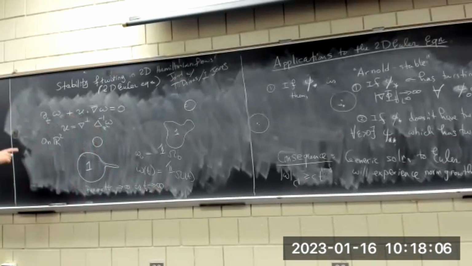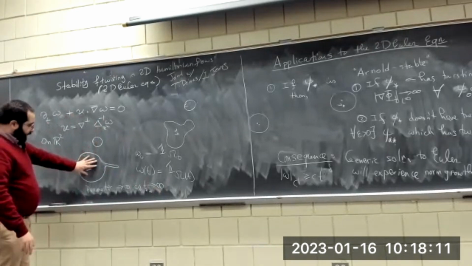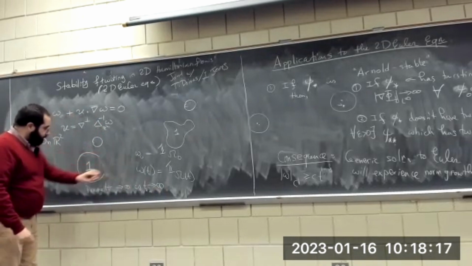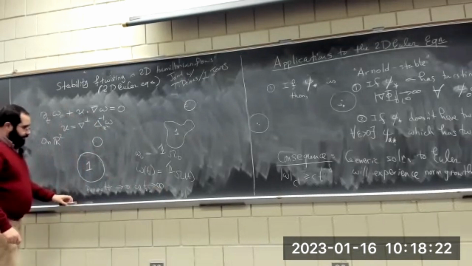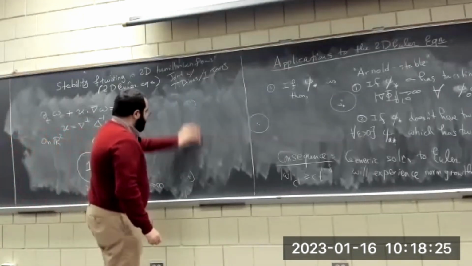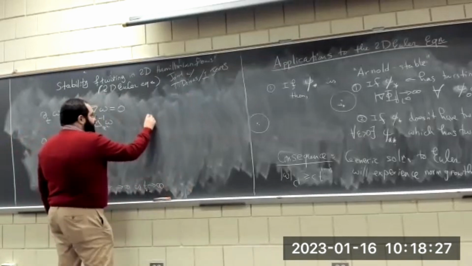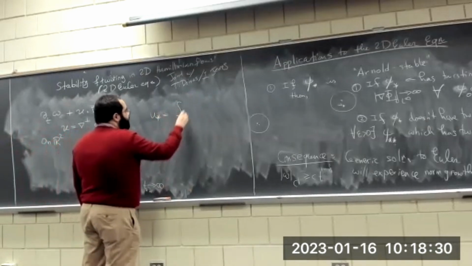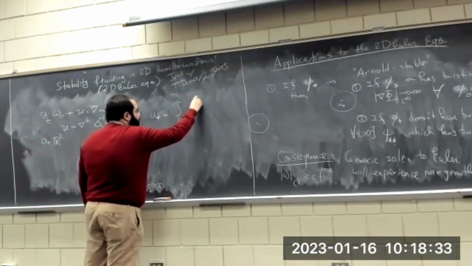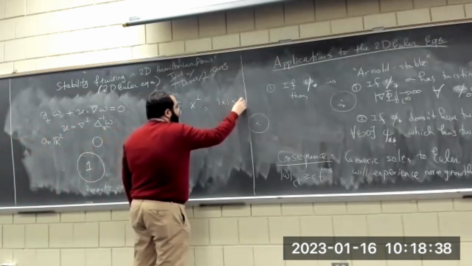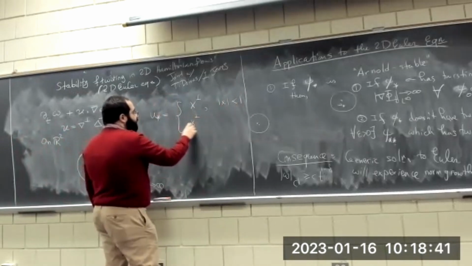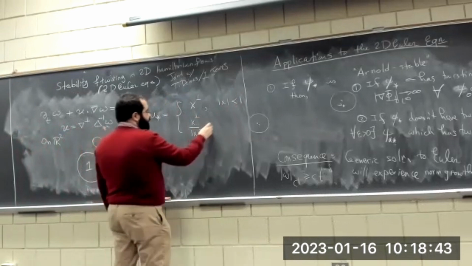So using this stability of twisting, we can give an example of an initial patch which is very close to the circular patch, a steady state, and its velocity, let me just tell you a little bit, is just solid body rotation inside of the ball, and outside it decays.